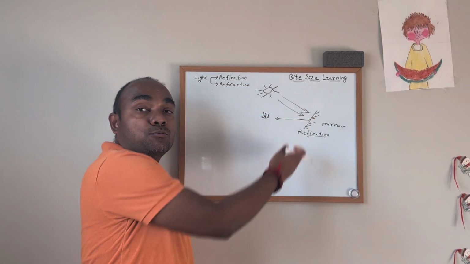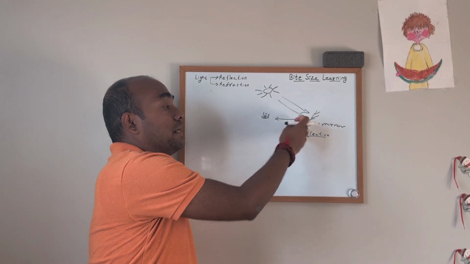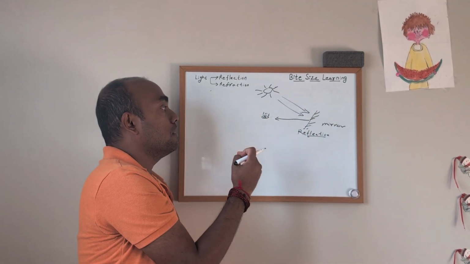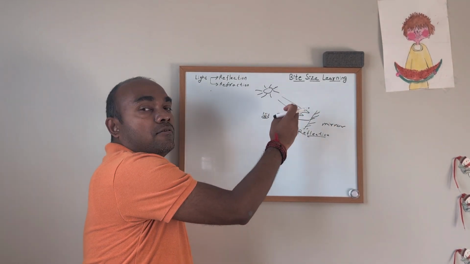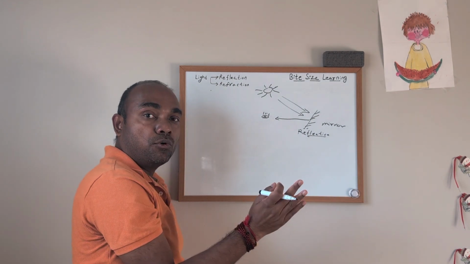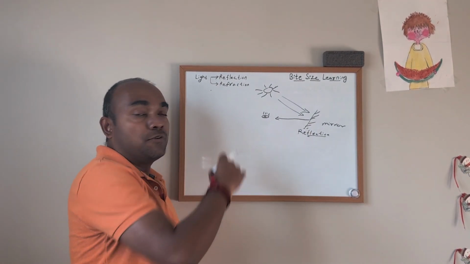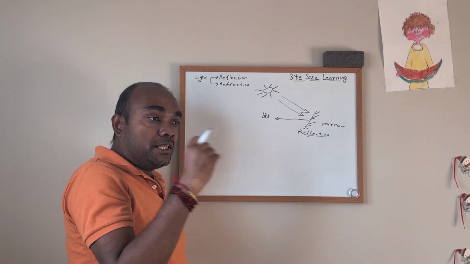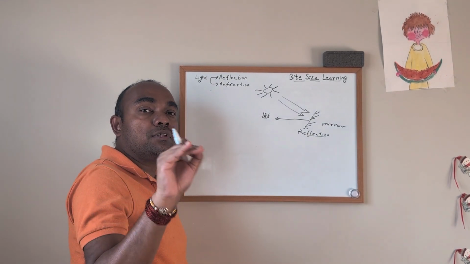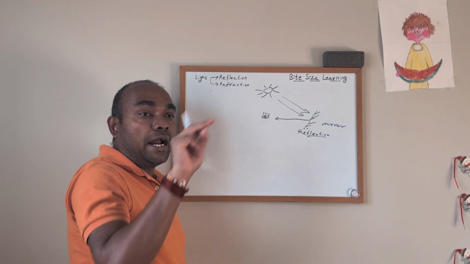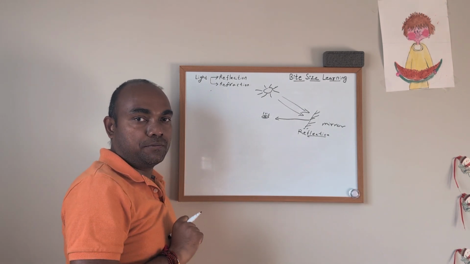So light falling on a smooth surface bounces back or gets reflected from that surface, not passing through, and travels and reaches the eye of a person. This phenomenon is called reflection. With this phenomenon you are able to see something because the light is getting reflected from that surface.